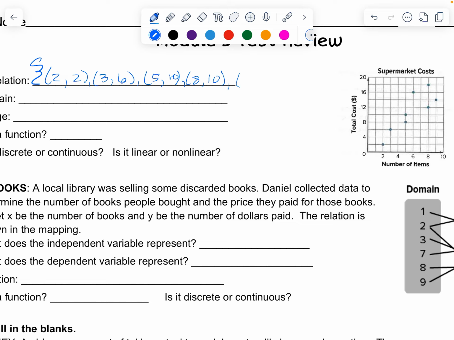And we've got, what is that, 6, 16. 8, 12. 8, 18. Goodness.